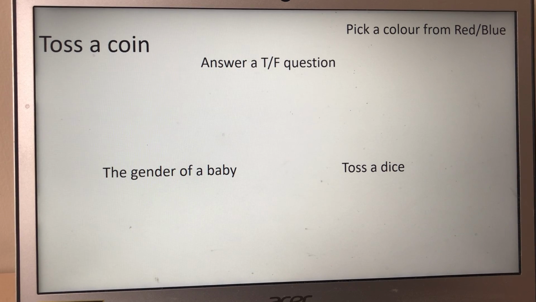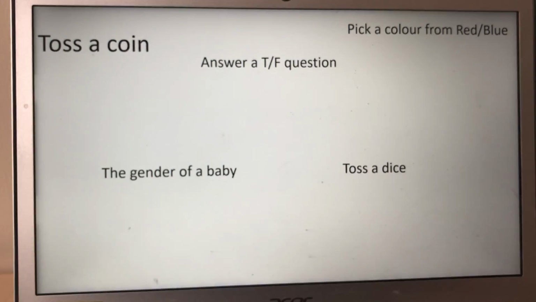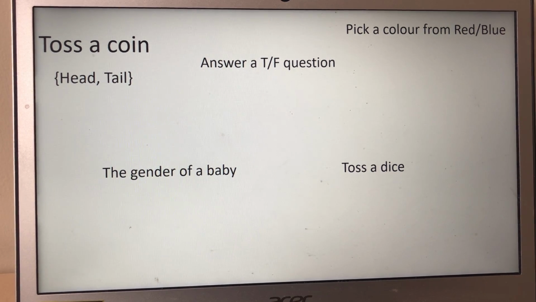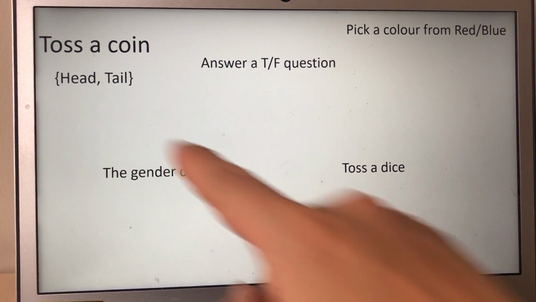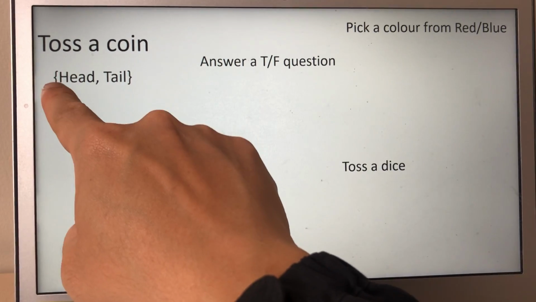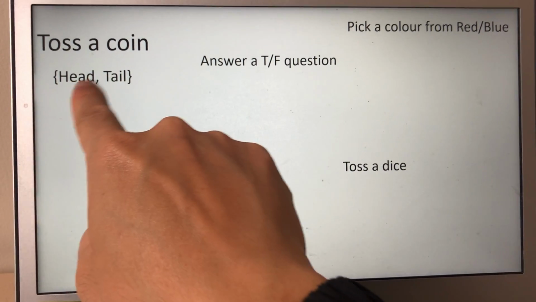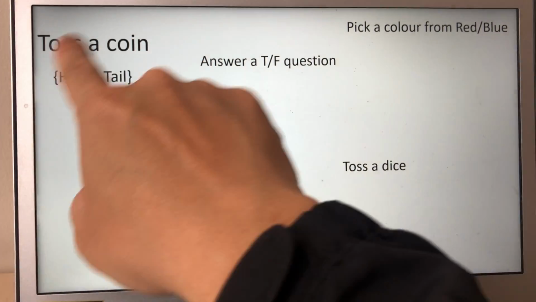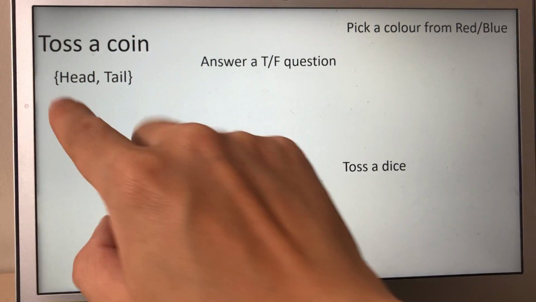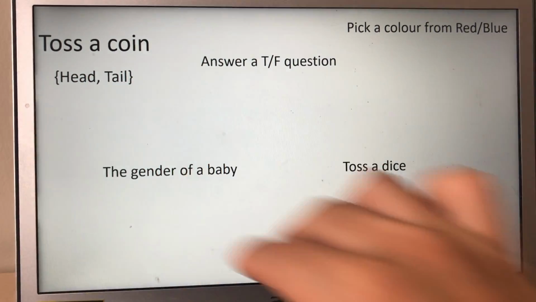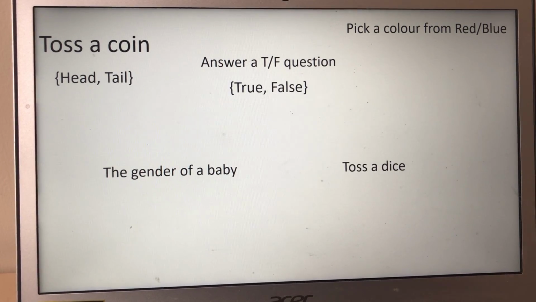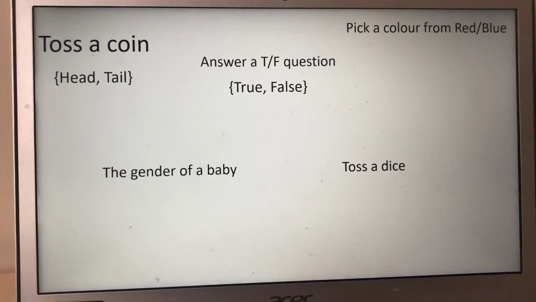You may now look at the result. When you toss a coin, the result could be either head or tail. So we use this bracket to enclose all the possibilities. We call this the sample space. The sample space includes all different results, all different possibilities. So when you answer a true or false question, the result could be either true or false, or correct or incorrect.